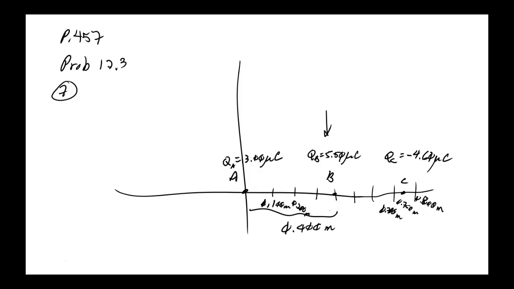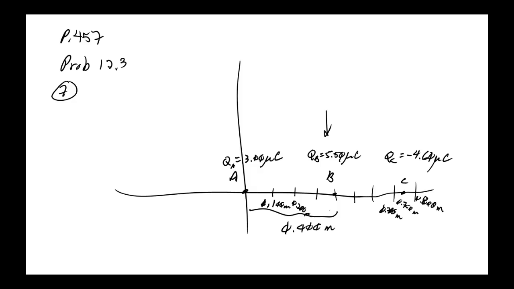First, both A and B are positive charges, so which way do you think B is going to want to go from A? Like charges repel, so to the right. But C is a negative charge, so B is attracted to the right. We're going to be adding the forces because they're both going to the right.